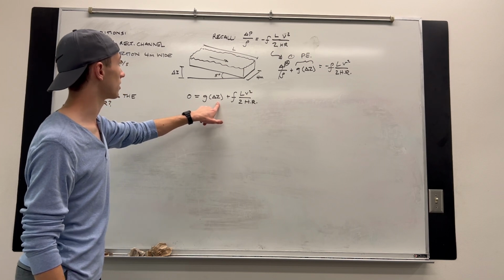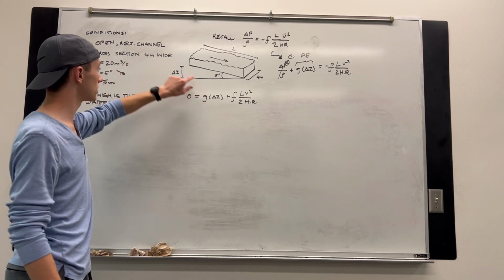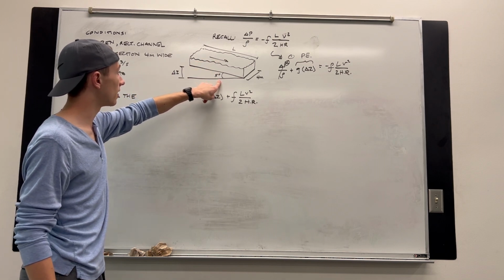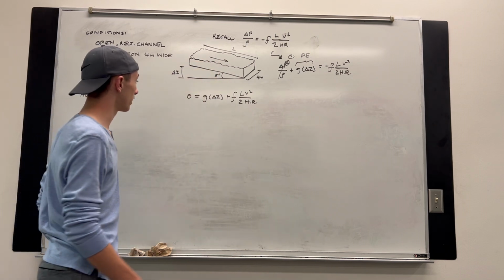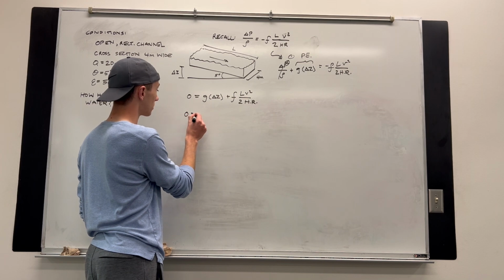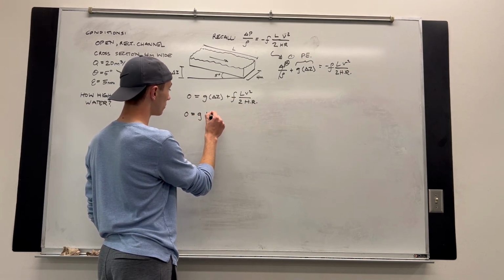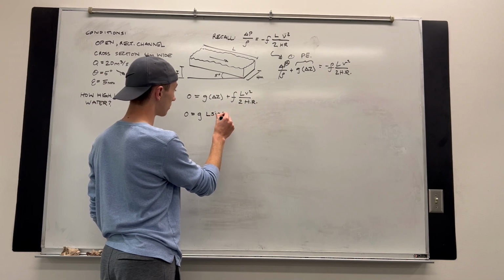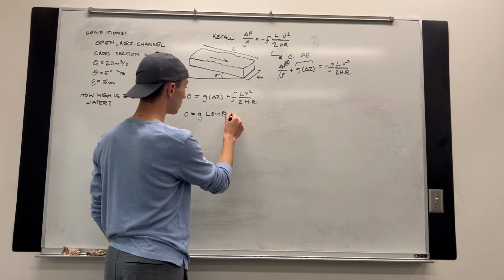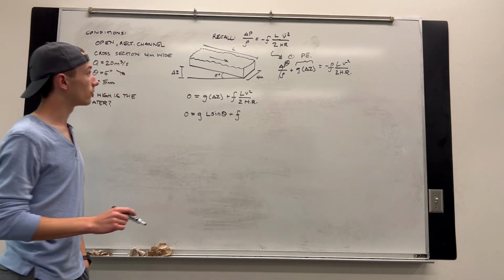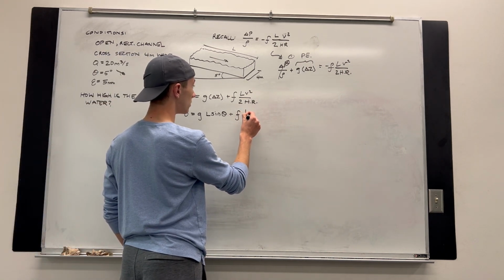What is delta z here in terms of variables we understand? Well, delta z is going to be the length times the sine of our angle theta, right? So we can already start to rewrite this. 0 equals g times L sine theta, plus our friction factor. We know L.